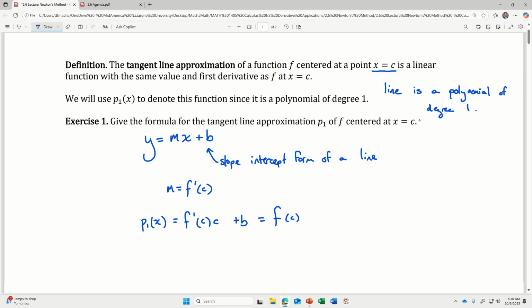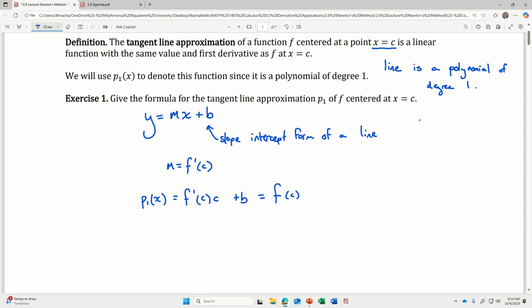And that means I'll replace the x with a c, and then to solve for b, I've got to subtract f prime of c times c from both sides.